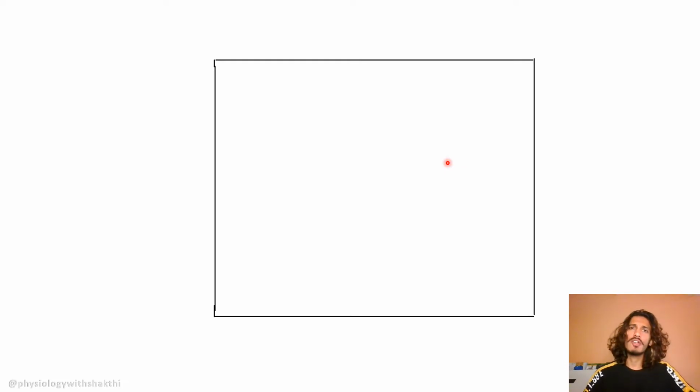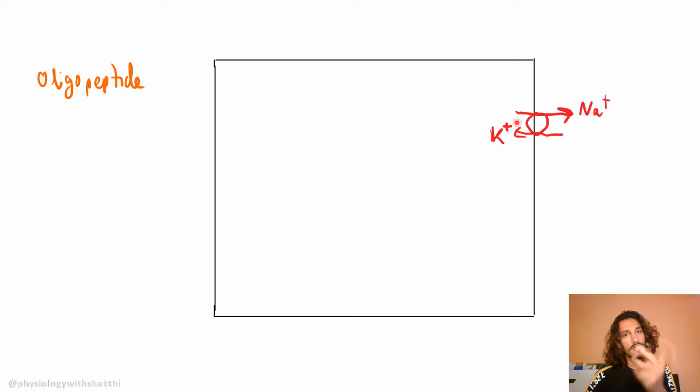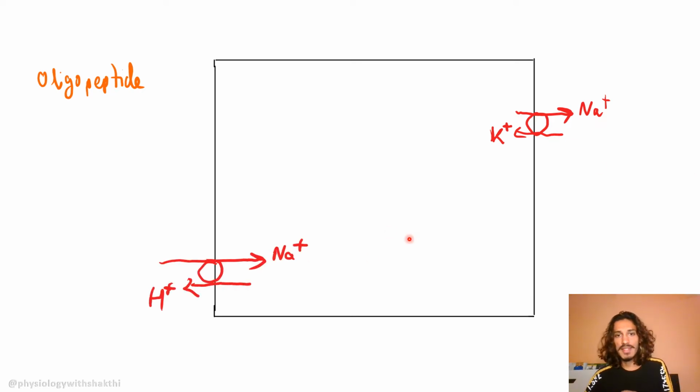Now we'll go on to oligopeptides. These proteins are further degraded and they become peptides, and further degraded, they become your amino acids. So we'll first talk about the peptides. This oligopeptide hasn't been completely degraded into amino acids yet. Your sodium potassium ATPase is there, because of that sodium is lesser inside, sodium comes in, H plus goes out.